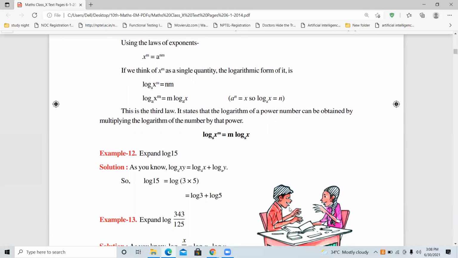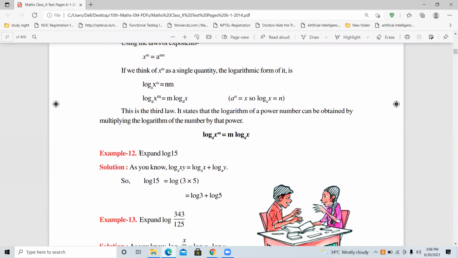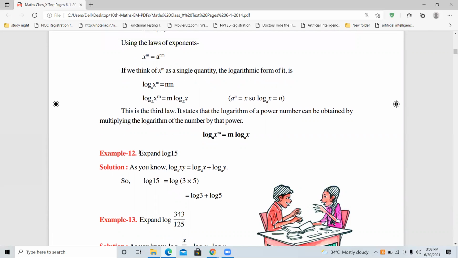And now I am going to explain a model using these laws of logarithms. Let us consider log 15. This log 15 can be written as log of 3 into 5.